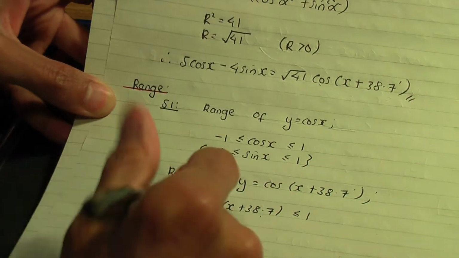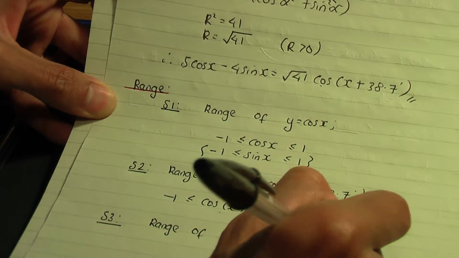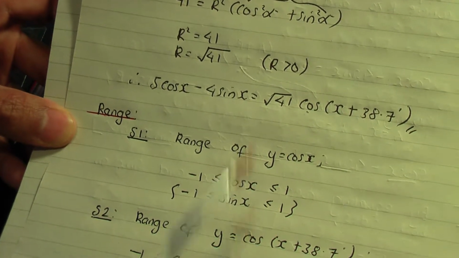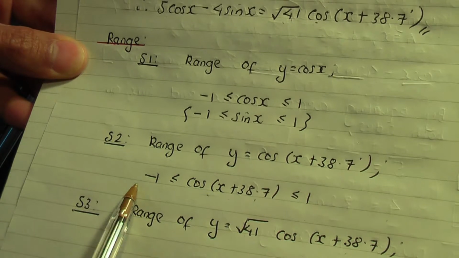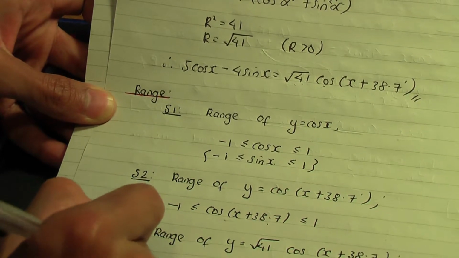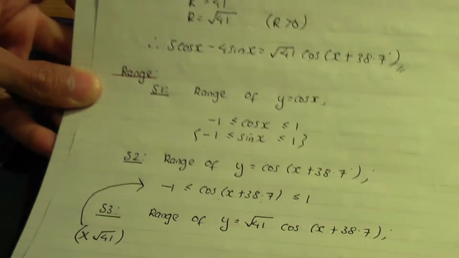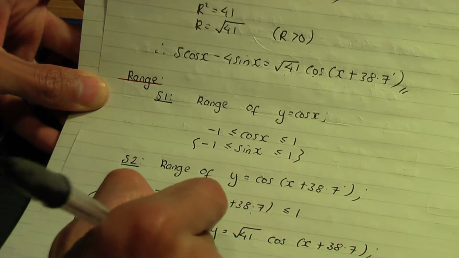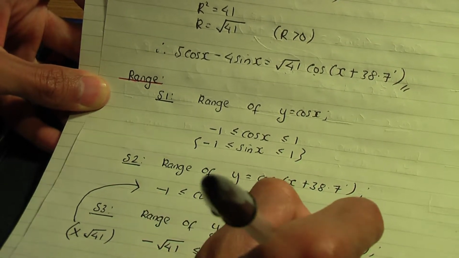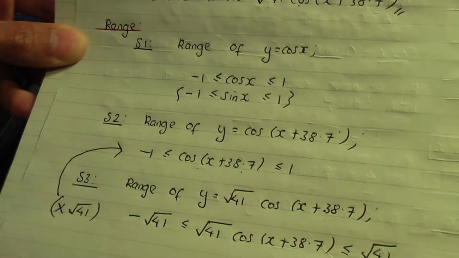So multiplying that inequality in step number 2 throughout by root 41, you're going to get minus root 41, less than or equal to root 41 cos(x plus 38.7 degrees), less than or equal to root 41, since root 41 times 1 is root 41.